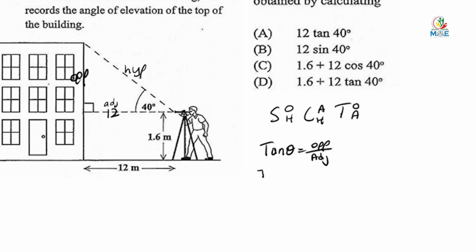So tan theta in this case is 40, which is equal to the opposite, the thing that we want to find, over the adjacent, which is 12. So this 12 is divided, we take it over and multiply. We'll have 12 multiplied by tan 40 is equal to the opposite, the side that we want to find.